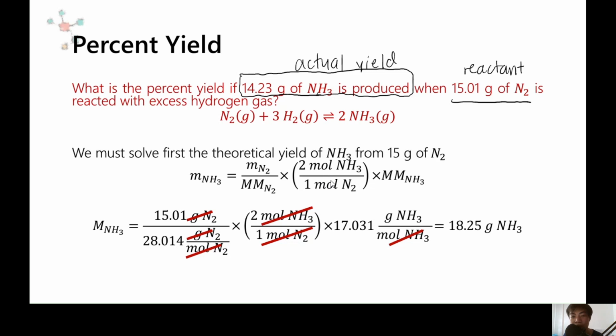So ito na yung stoichiometric relationship. Just look at the equation: the ratio of N2 and NH3 is 1 to 2. So ilagay mo lang doon yung 1 to 2. Ito yung conversion. Highlight natin, in this part you have the moles of reactant. This is the conversion.